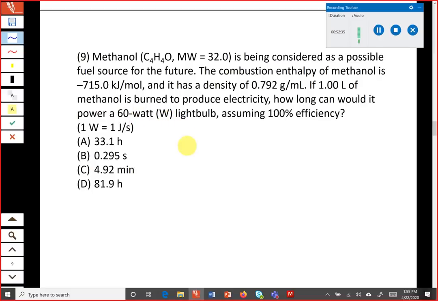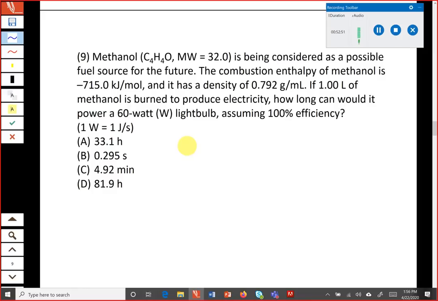So again, this is a conversion of chemical energy from burning a fuel into electricity, and then deciding how much electricity that produces. This ends up being a very long conversion, a dimensional analysis type problem.